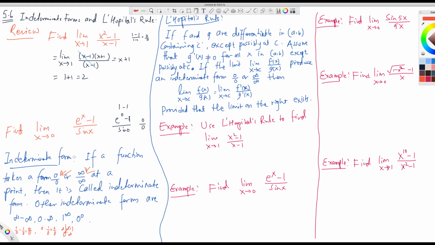Now, when you plug in the limit directly, if you get one of the indeterminate forms, how do we handle that type of problem? It is given by L'Hopital's rule. Let's see what it says.